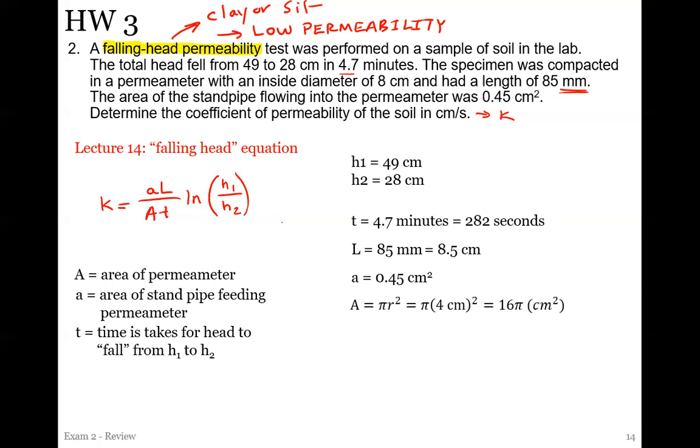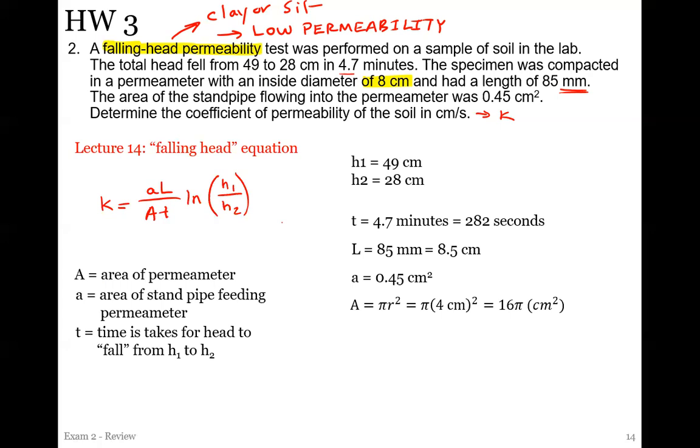This is an important step. Always make sure you have the areas here. Always make sure that this is in an area. So we have 16 pi centimeters squared.